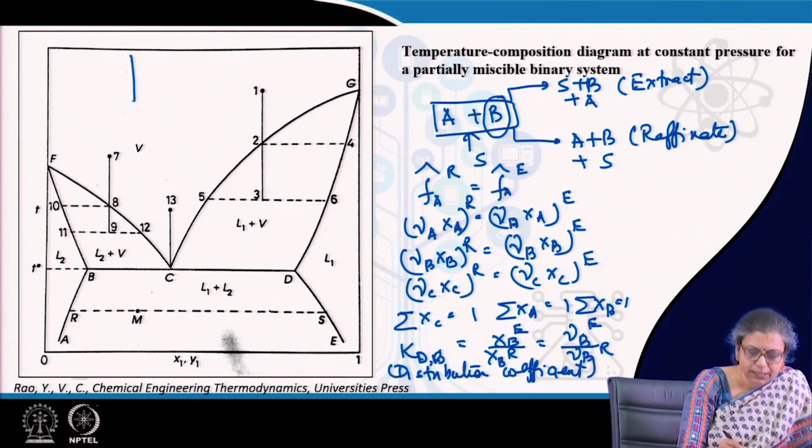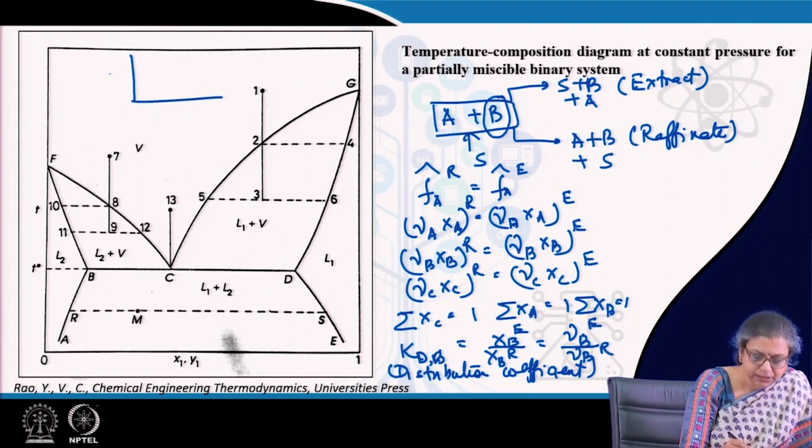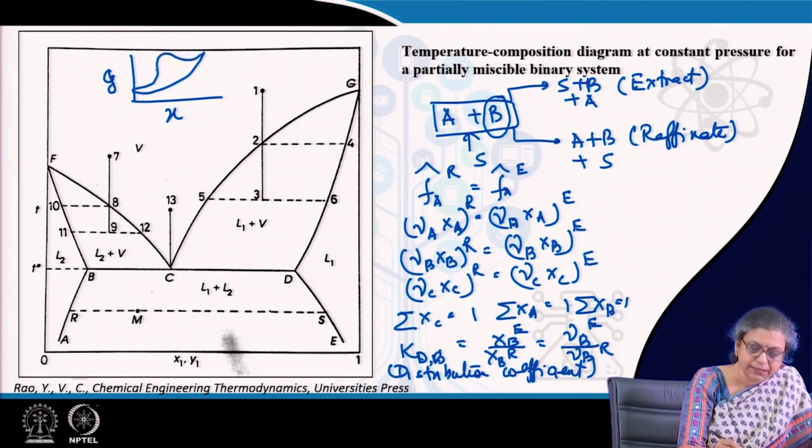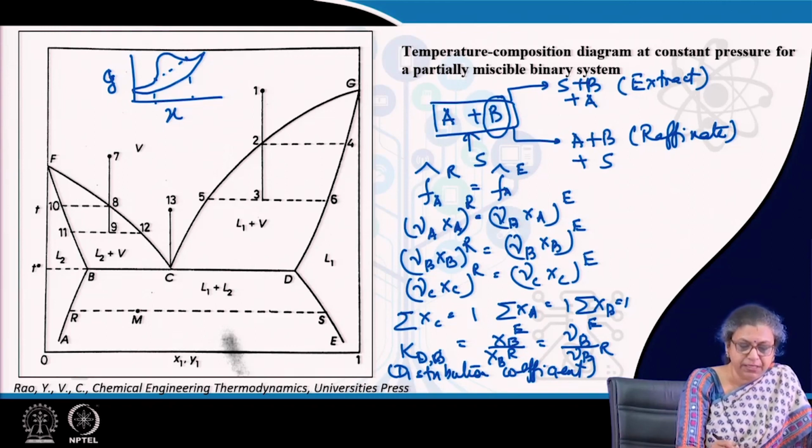If we draw the molar Gibbs free energy as a function of x, we find that for an immiscible system the Gibbs free energy over some range is actually higher. So for this range the two liquids would prefer to be separated rather than being in a solution.